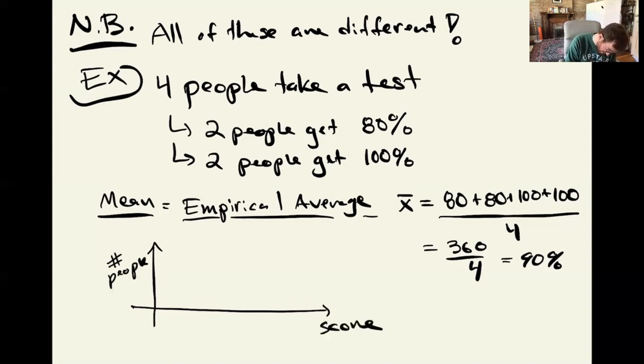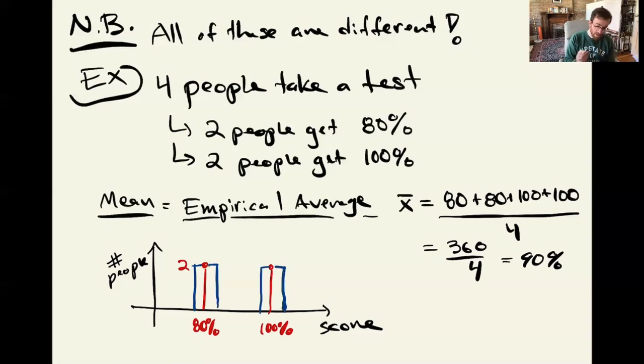In this case, I've got 2 people who got an 80%, and I've got 2 people who got 100%. Or maybe sometimes think of this in terms of a histogram, in which case maybe I draw little blocks around them that group everybody within a certain score range. And then I can just think of it like this.